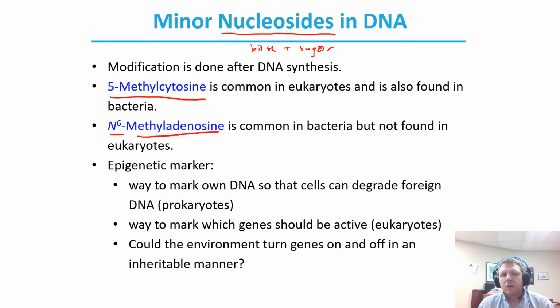N6-methyladenosine is common in bacteria but not found in eukaryotes. So where is that modification taking place? On the adenosine, which, what is adenosine? That's a purine, so 2 rings. And cytosine, that is a pyrimidine.